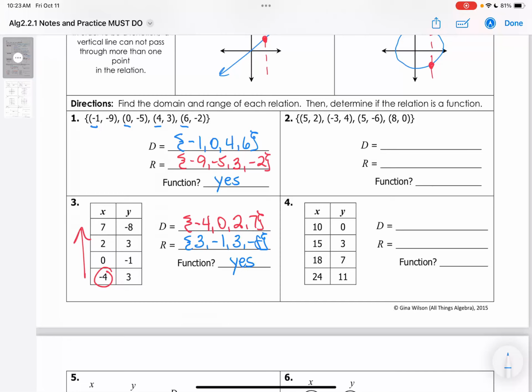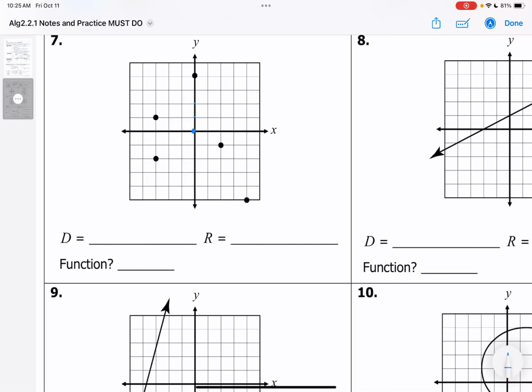So here we would start over on the left with the lowest of our x values. So x is -3 here, and y is 1. This one's also -3, but y is -2.